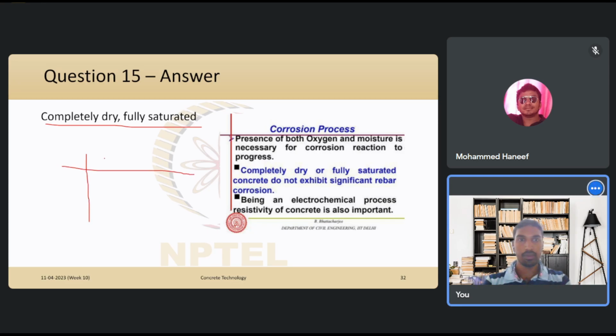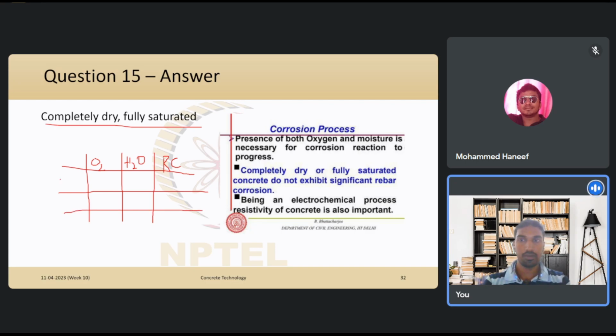We have oxygen, and also we need moisture. So these two are requirements, and under different conditions you have the rebar corrosion either occur or not occur. Right? So what are the different conditions?